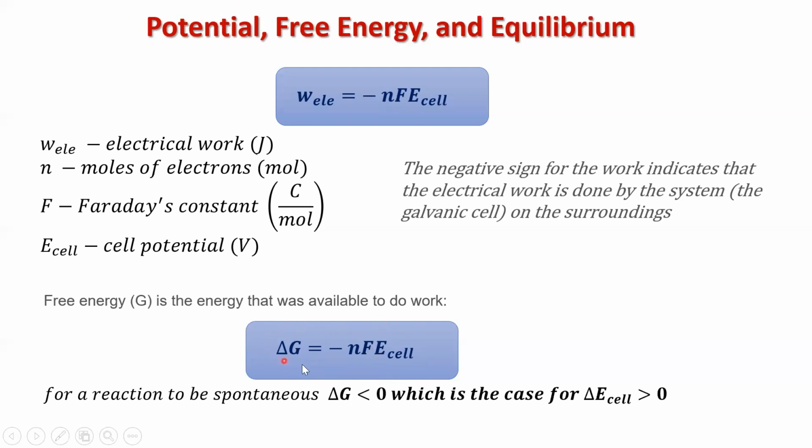If delta G is less than 0, if delta G is a negative value, we know that means it's a spontaneous process. We learned that in a previous chapter. And if E for our cell, our reduction potential value for our cell, is positive, we know that the process is going to be a spontaneous process.